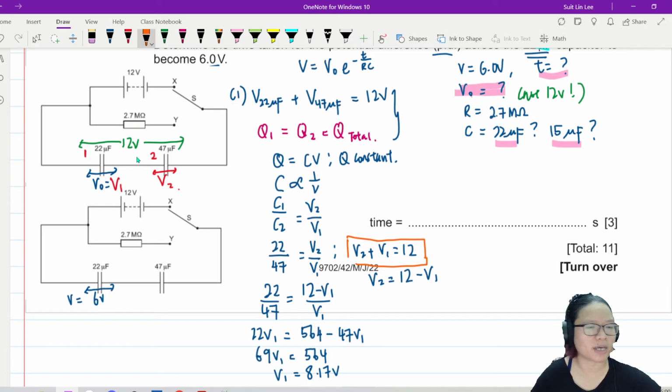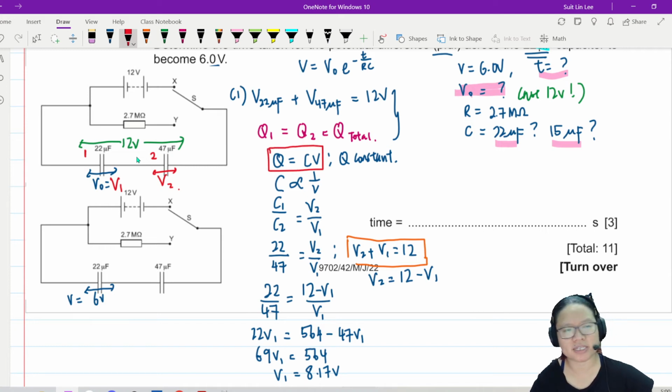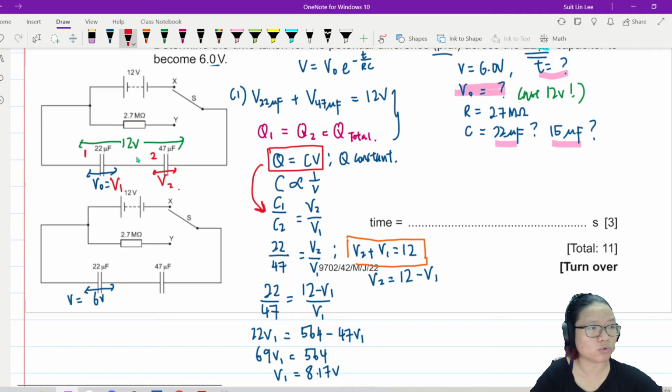And the second one is because Q is equal to CV, we can say that C is inversely proportional to V and write out this equation. If you are good at doing ratio, you don't need to substitute directly. You can just tell that because they are inversely proportional, you can use the ratio relationship directly, but this is also okay. All right, so once you have found V1, what to do?